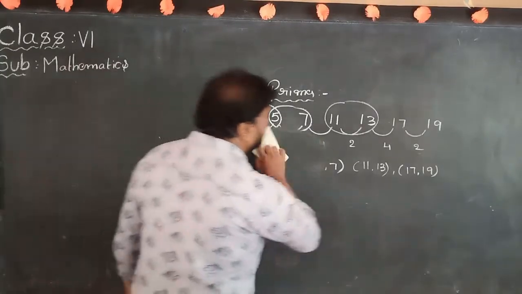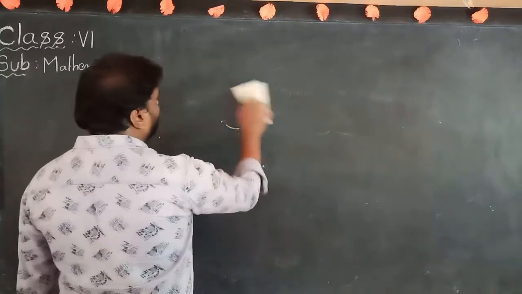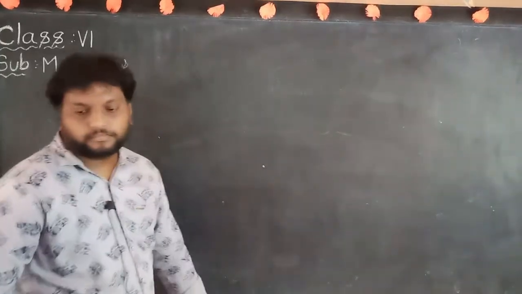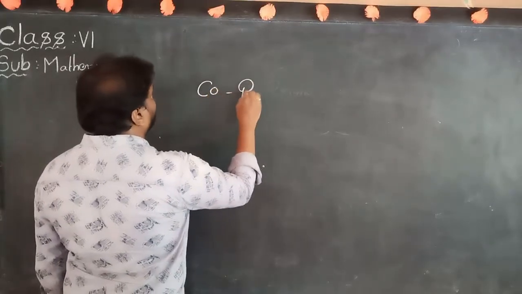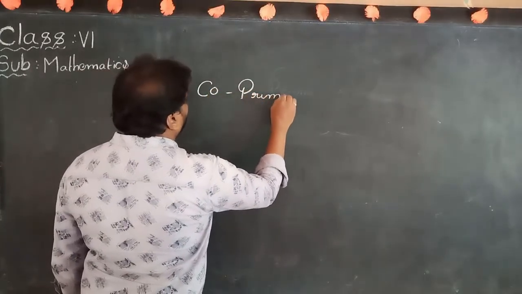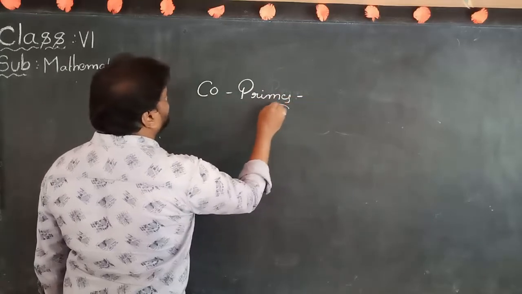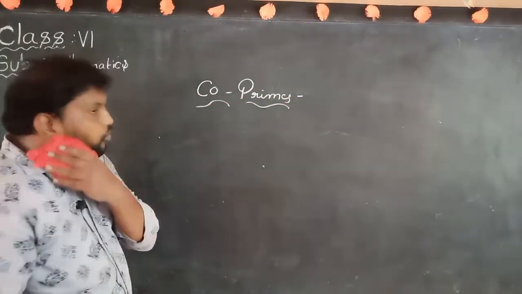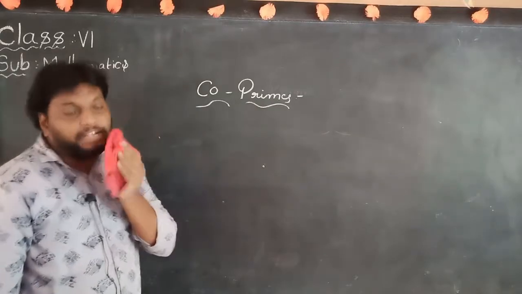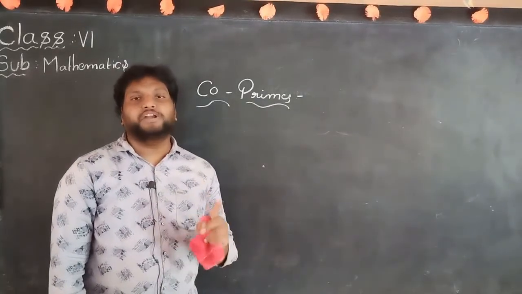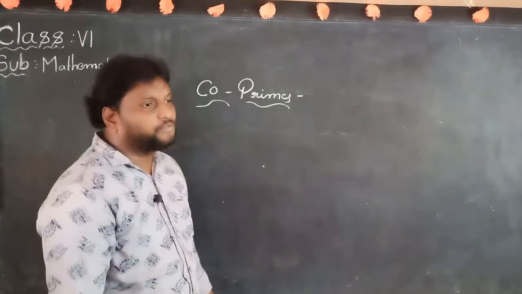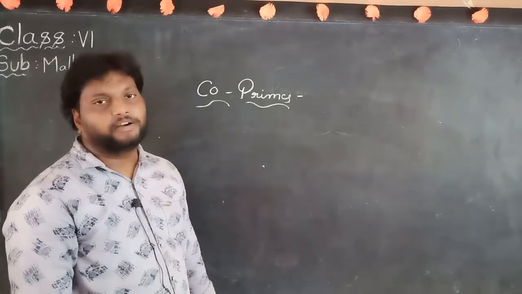Next, one more topic. The last topic is co-primes. If numbers have only 1 as their common factor, then the numbers are called co-primes.